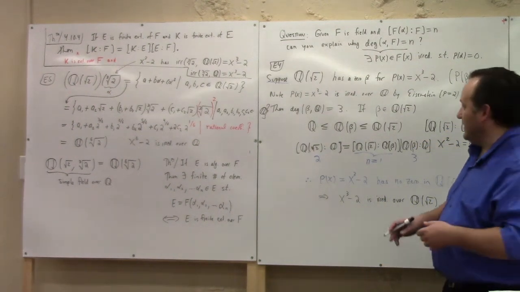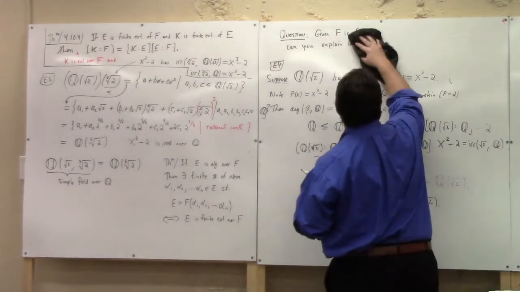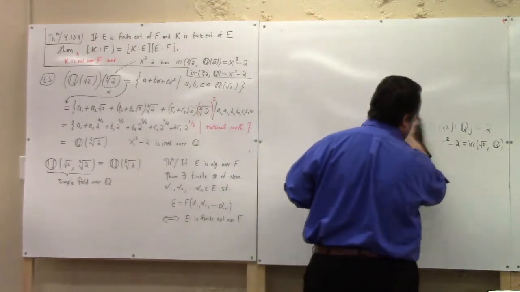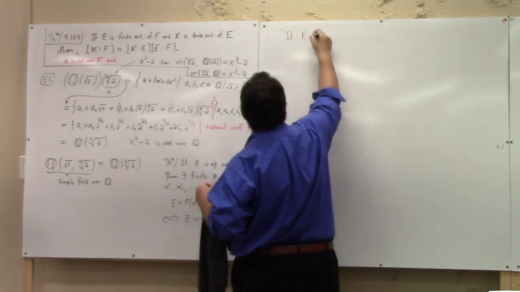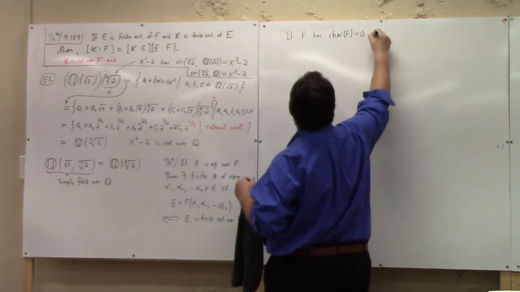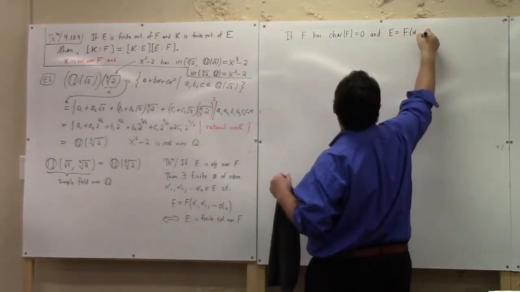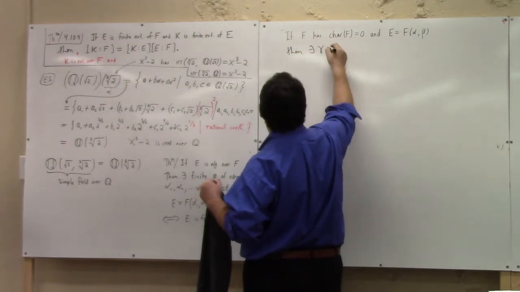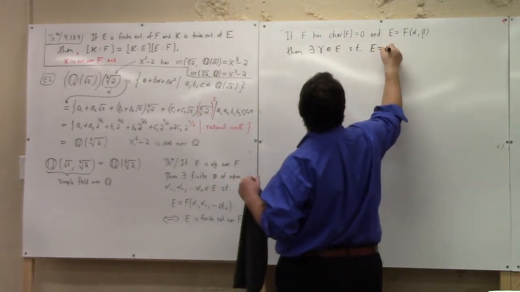And what he says is that if we have a field, all right, of characteristic 0, and E is equal to F adjoining alpha and beta, then there exists gamma in E such that E is equal to F adjoining gamma.